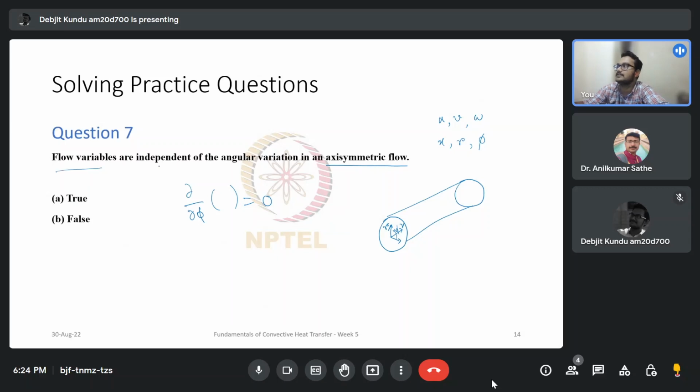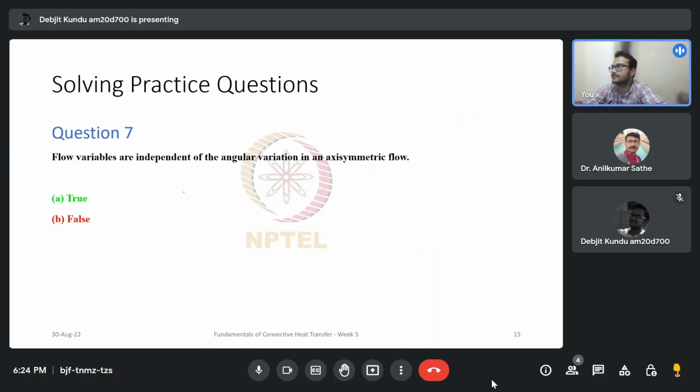So all the flow variables are independent of the angular variation, the variation of phi, in an axisymmetric flow. So that's why this would be true. It could be u, v, or w; all of them would be zero. Also pressure, if you consider it. Clear?